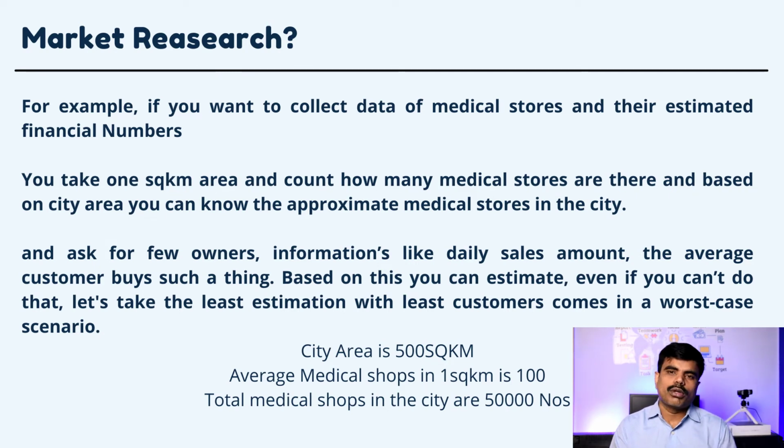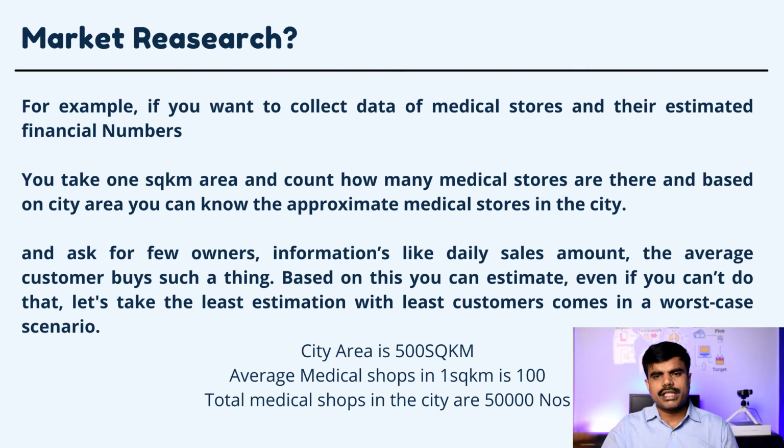With this example, if you take a city with 500 square kilometers and the average number of medical stores in 1 square kilometer is 100, then you can estimate 500 into 100. Then you will get the total medical stores in your city. So it will be like 50k.